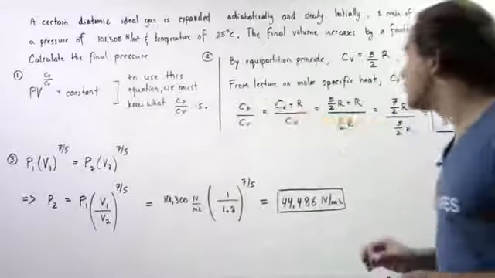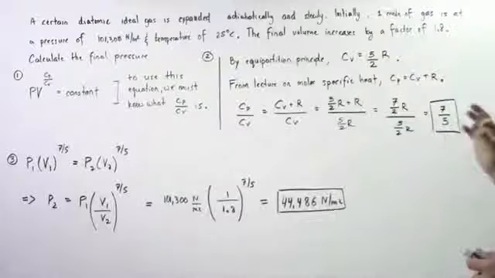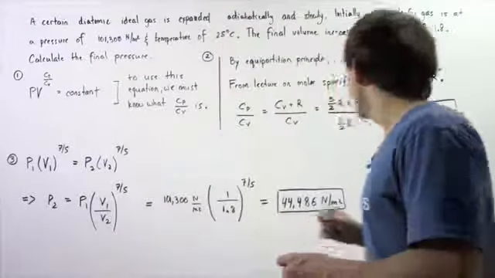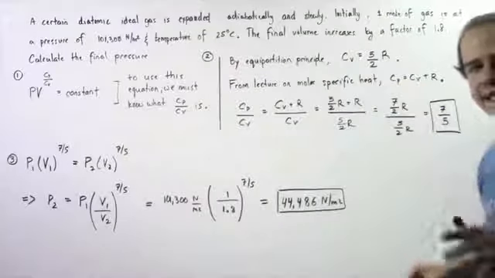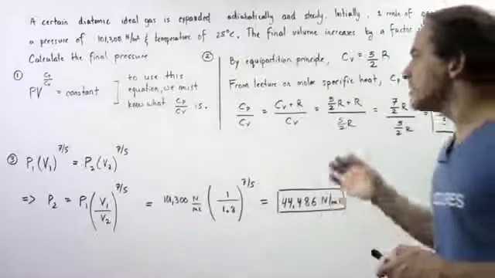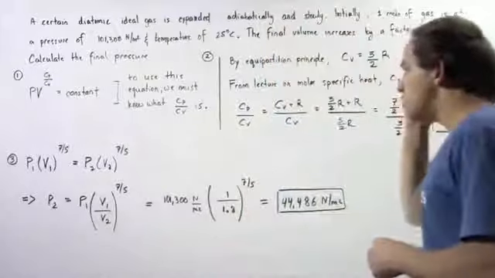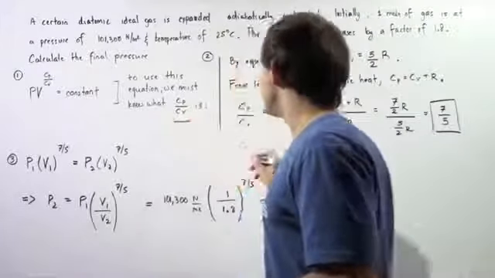Now, from the lecture on molar specific heat, we saw that the relationship between Cp and Cv and R was given by the following equation. So Cp is equal to the sum of R and Cv. So now let's actually determine what this ratio is. We want to find what Cp divided by Cv is.